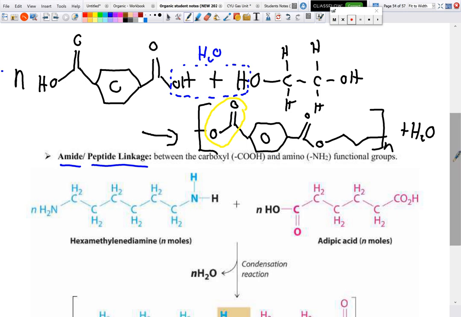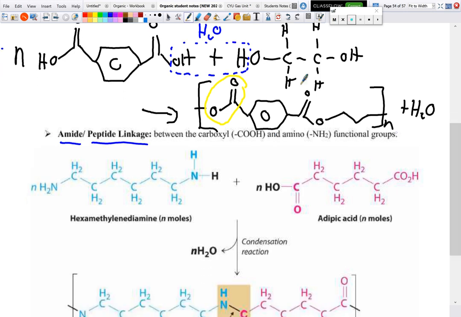So this is when we condense out water still, but we end up getting this functional group with our nitrogen, but we're still going to react with a carboxylic acid. So what happens is this amino group with the nitrogen is still going to react.